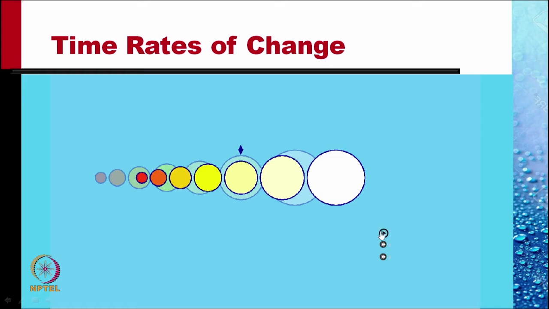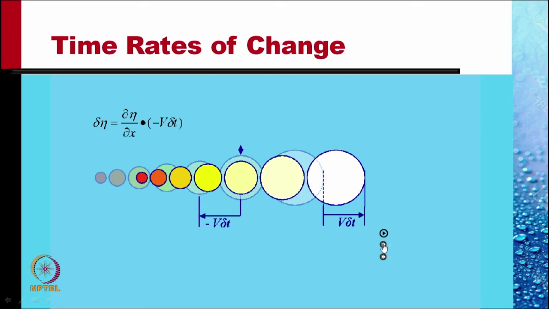What has happened? What has happened is this. Now, a particle which was v delta t distance behind the original particle at the diamond probe has occupied this location. The whole row has moved a distance v delta t to the right.